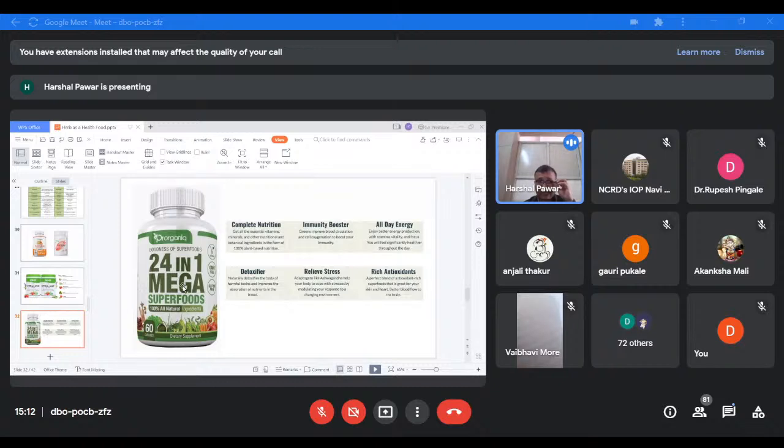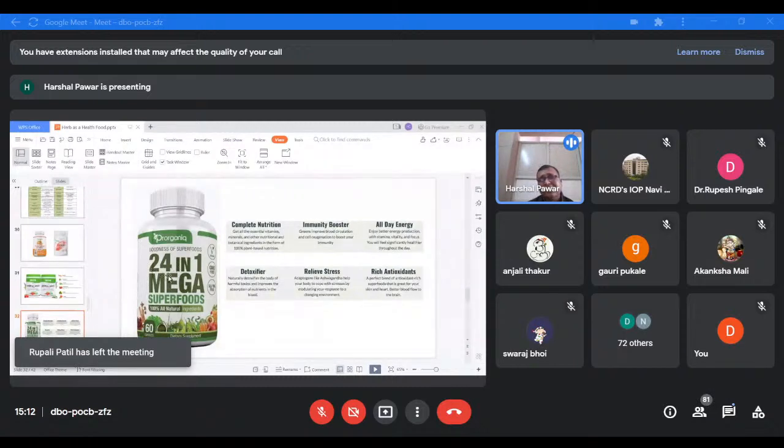The name of this product is 24 in 1 mega superfood, right? So the brand name of this product itself indicates that 24 different components, I'll say food components or nutraceutical components, are incorporated into this single product, right?